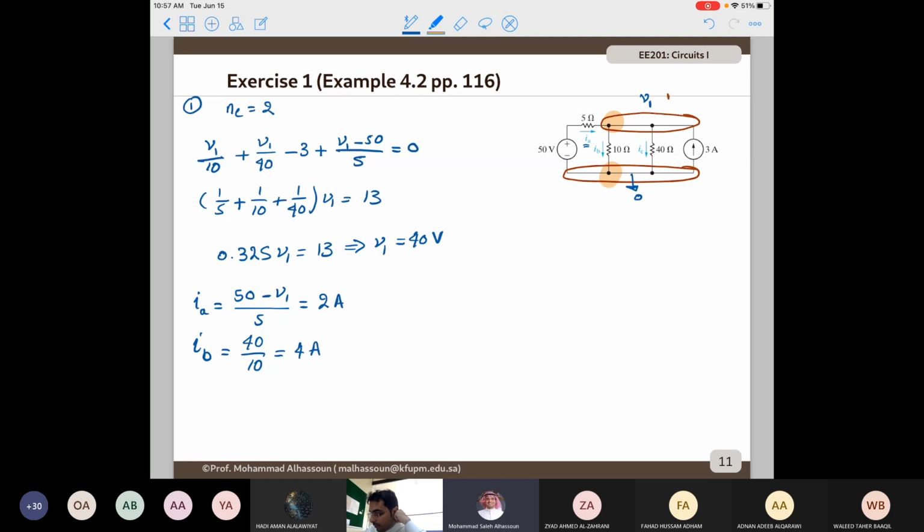And again, here we have 50 volts, so the difference between this point and that point is also 50 volts. But isn't the current going from the positive to the negative? Yes, 40 minus 0 divided by 10. Okay, if it goes from the higher potential to the lower potential, it should be positive. Okay, I see.